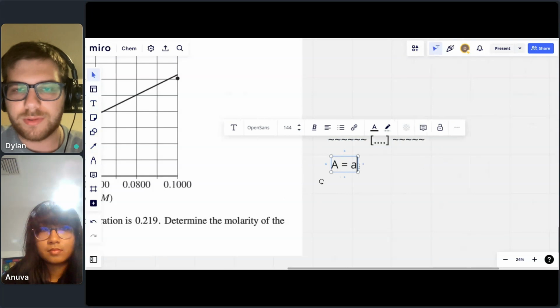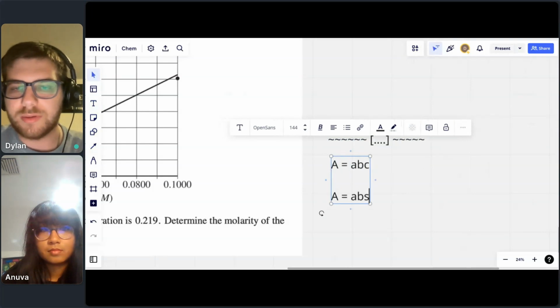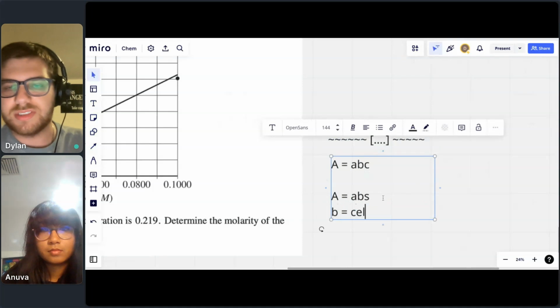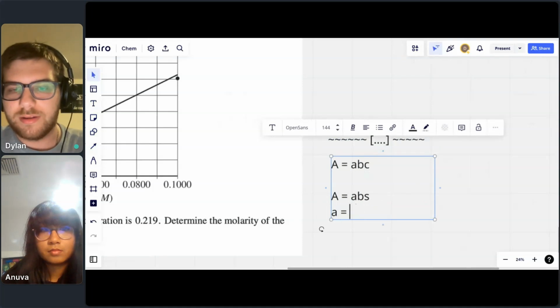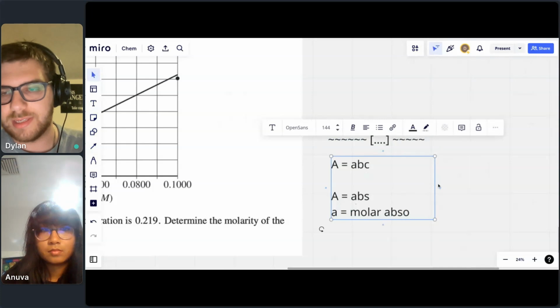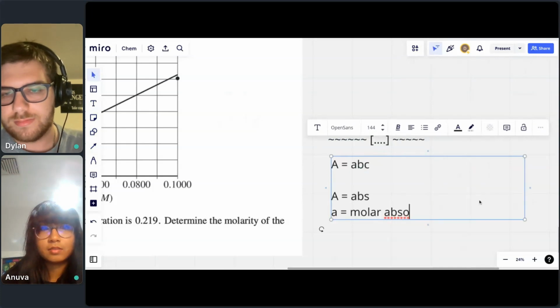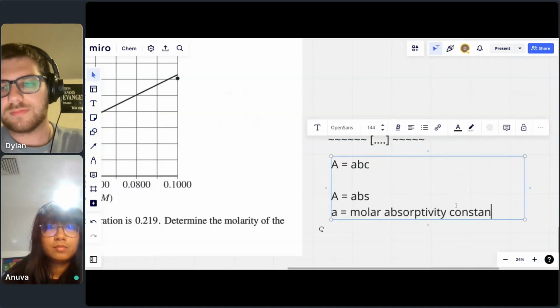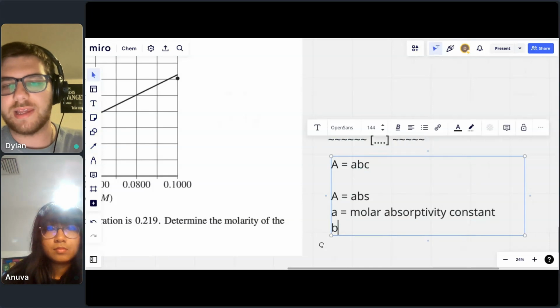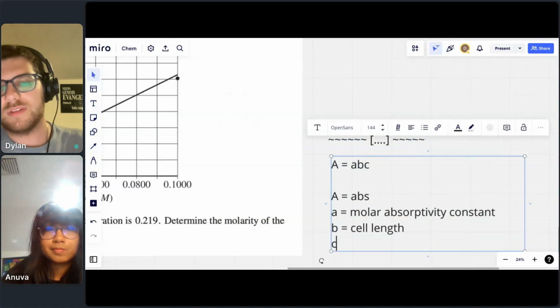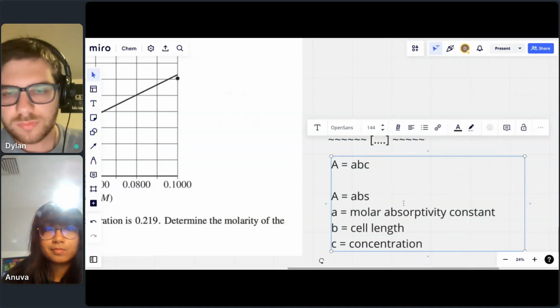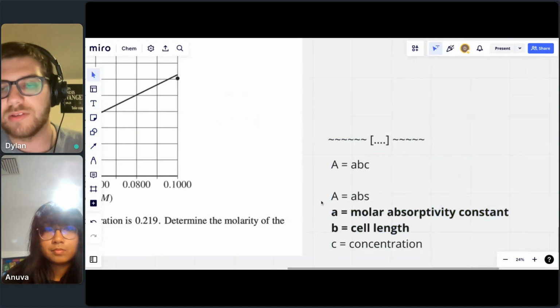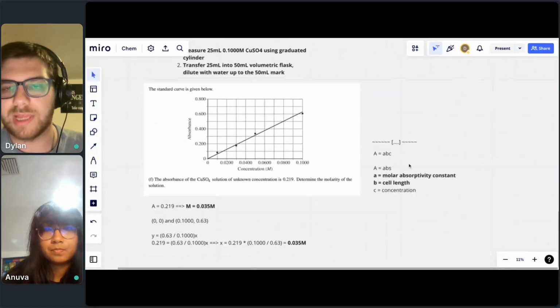A equals abc: A is absorbance, a is the molar absorptivity constant, b is the cell length, and c is concentration. You don't have either of these, so we can't use the Beer-Lambert's law.